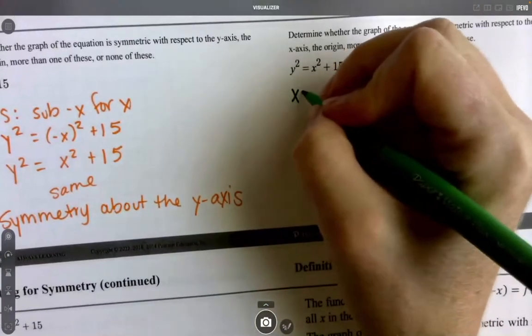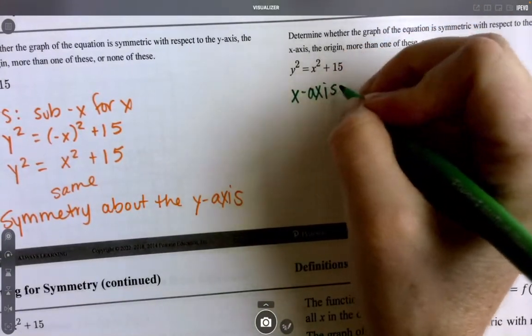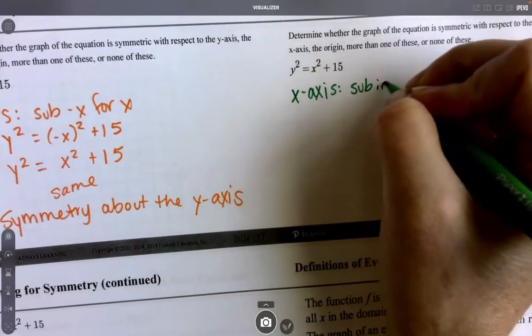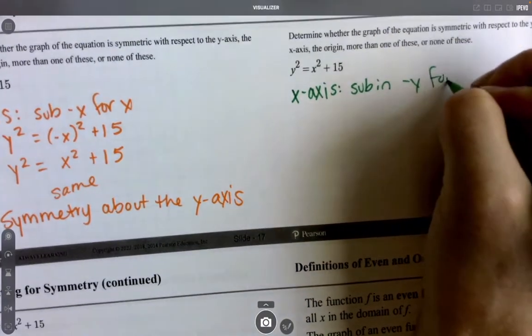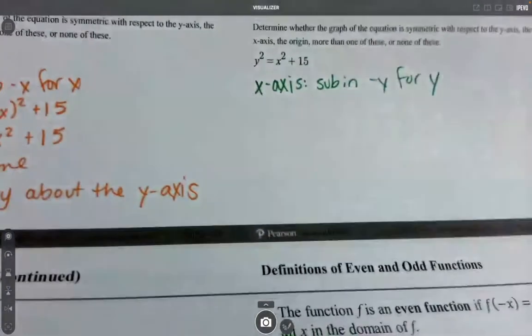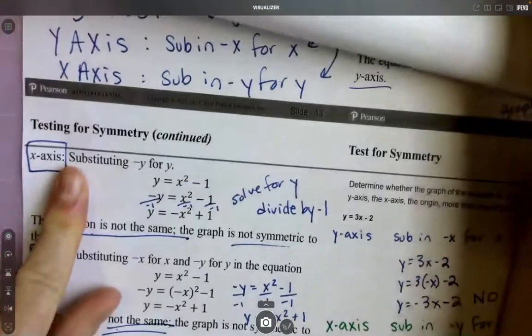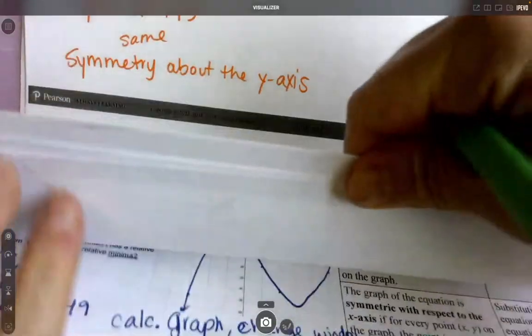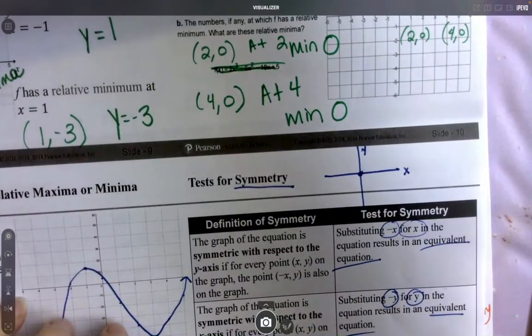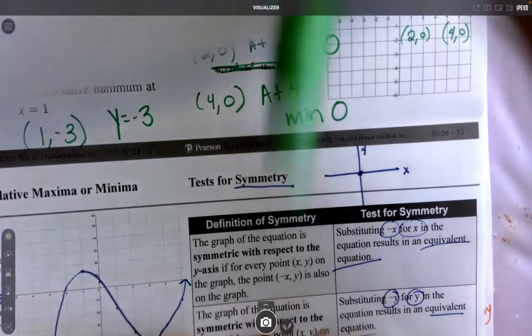Okay, so the next one is x-axis. For this one we are going to sub in negative y for y. If you need to look back, you can look back at the instructions right here, or one more back over here. Sub in negative y for y.